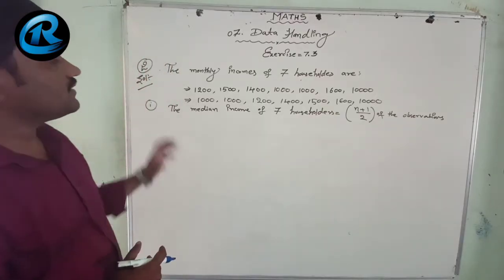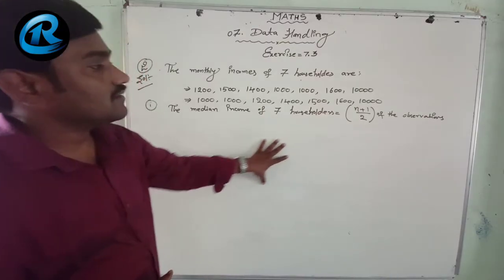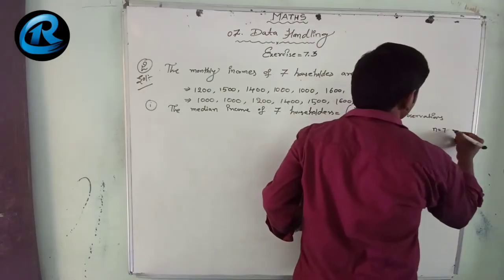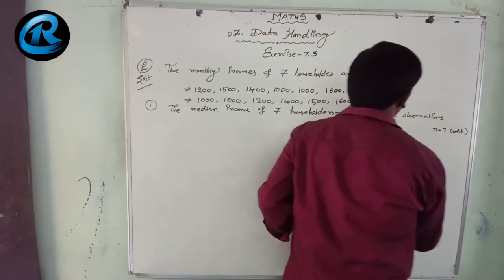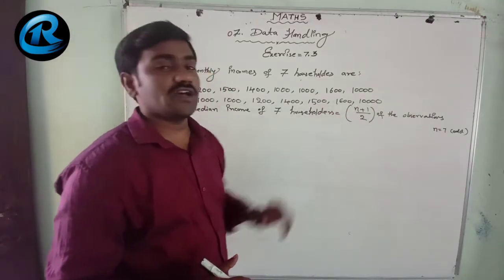Then here, if the median income is of 7 householders, then the number of observations n equal to 7. It is an odd number. If the number of observations is odd, this is the formula: n plus 1 by 2 of the observation.